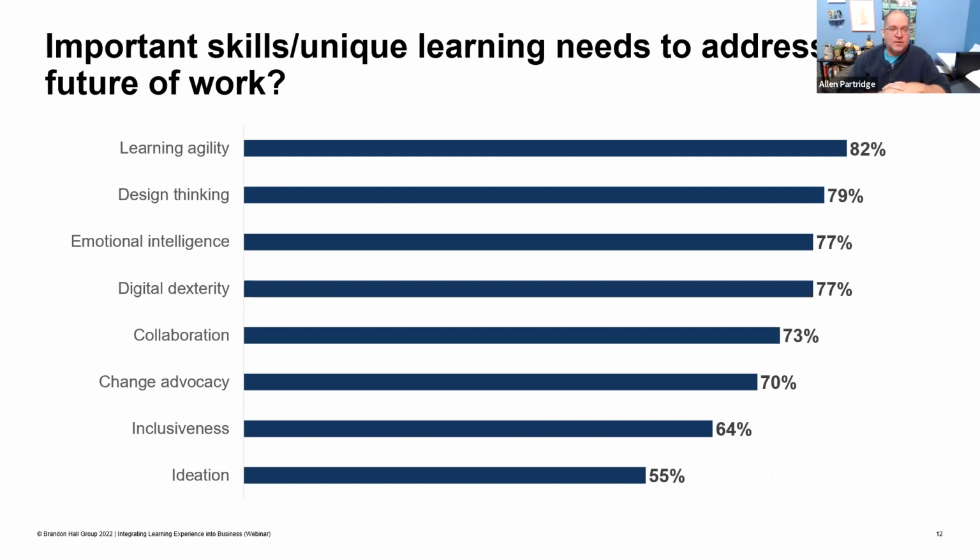Yeah, I think this one is fascinating, especially the emotional intelligence. When I studied education a long time ago, my perception was that we were basically being told, avoid the affective domain.